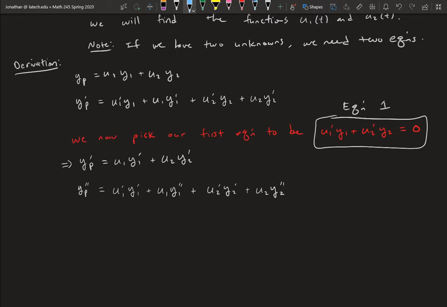And now what do we have? We have yp, yp prime, yp double prime. So now substitute these derivatives into L of yp equals g of t.